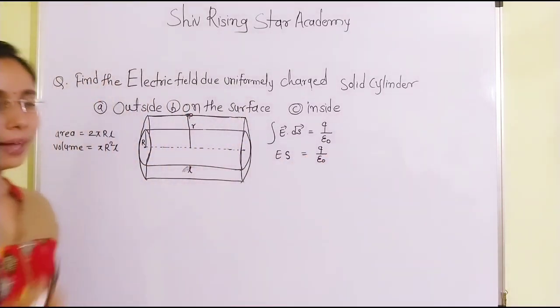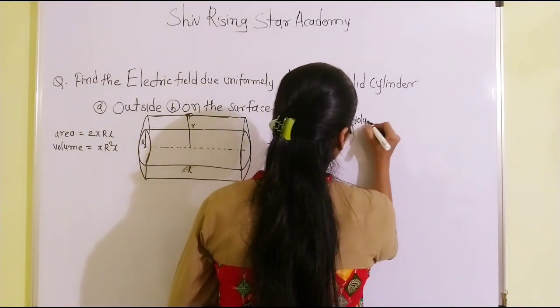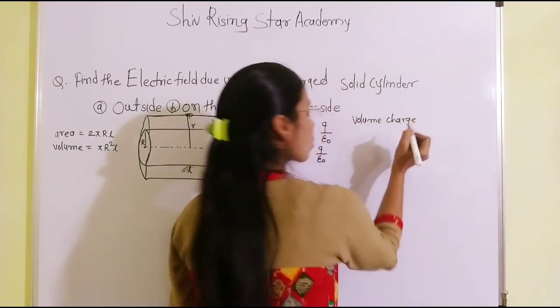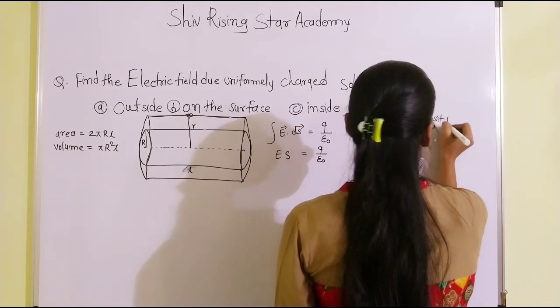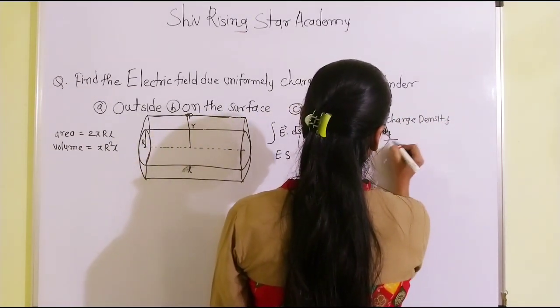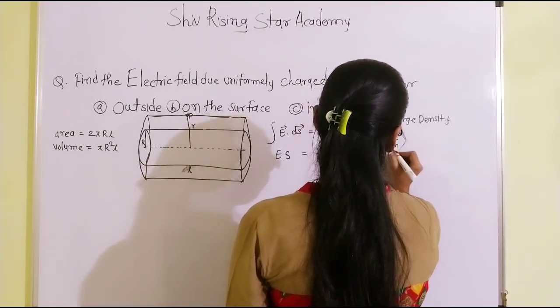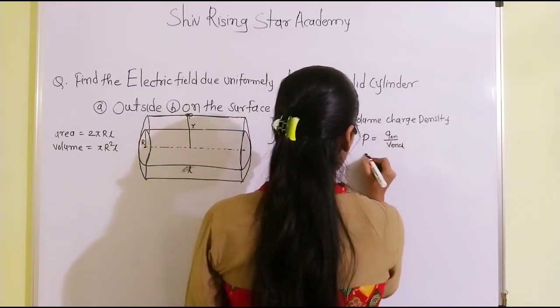But we know that the volume charge density rho is equal to Q enclosed by V enclosed. So we have to find Q.